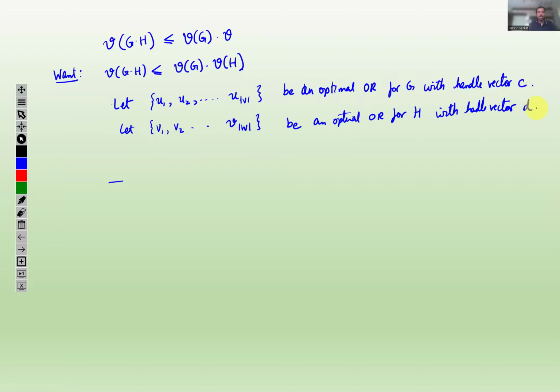So let me call that handle vector D. You might think that the dimensions of these are in different spaces, but that's fine. We'll just combine them somehow.